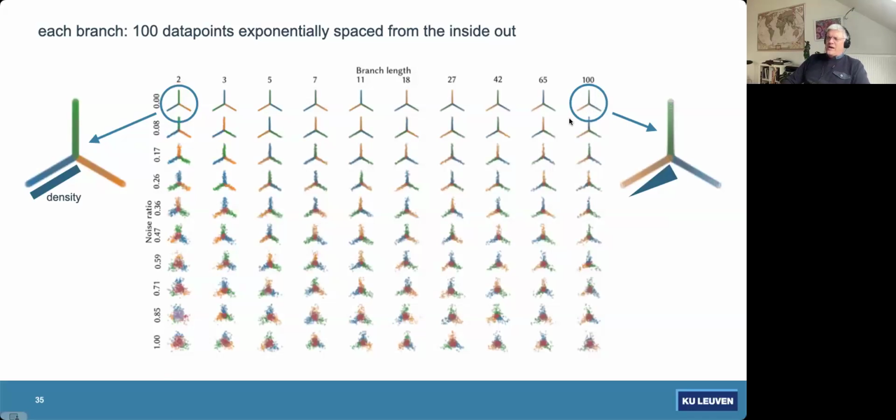This is a very long branch, and the density really goes down from the middle to the end. And still with quite a bit of noise, you keep seeing the same cluster. Whereas with HDBSCAN, this would all be one cluster anyway, right? HDBSCAN would be able to identify the different clusters if the density was the other way around. So if the middle was the least dense, then it would find 3 clusters, but not if the middle is the most dense.